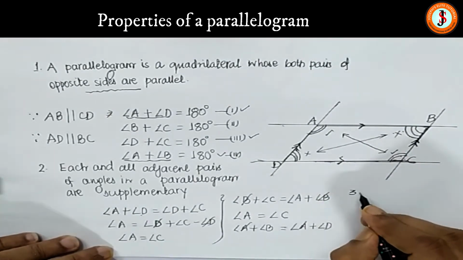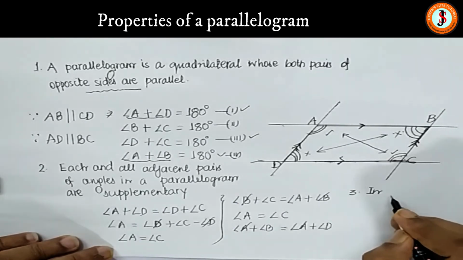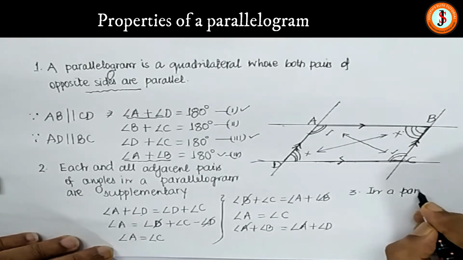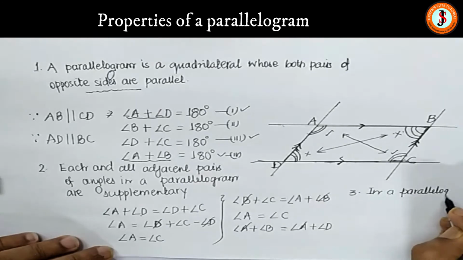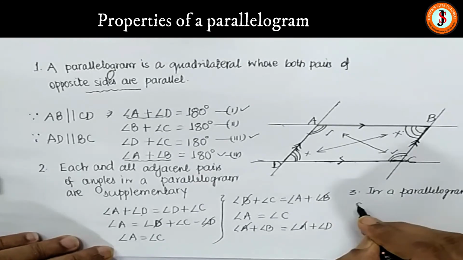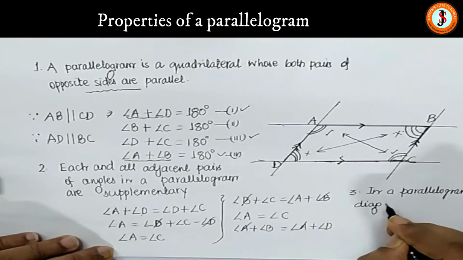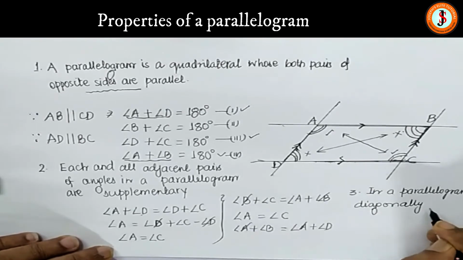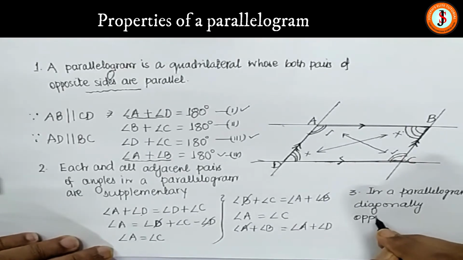So this is the third property. In a parallelogram, diagonally opposite angles are equal.